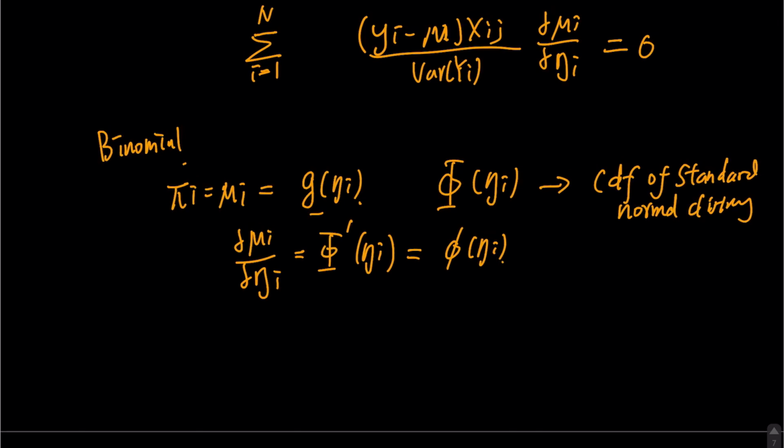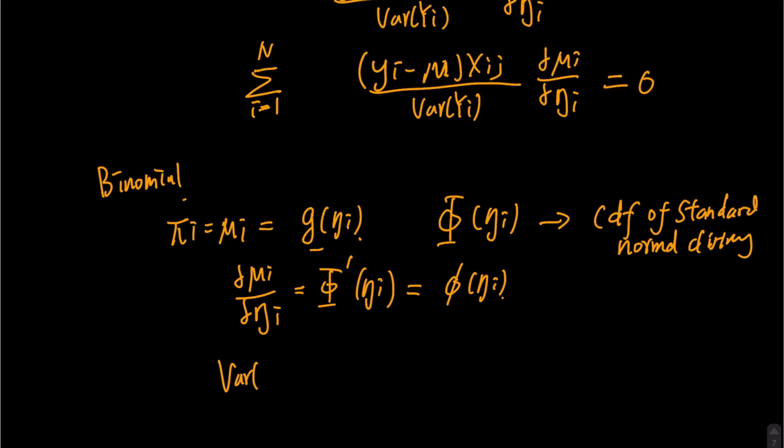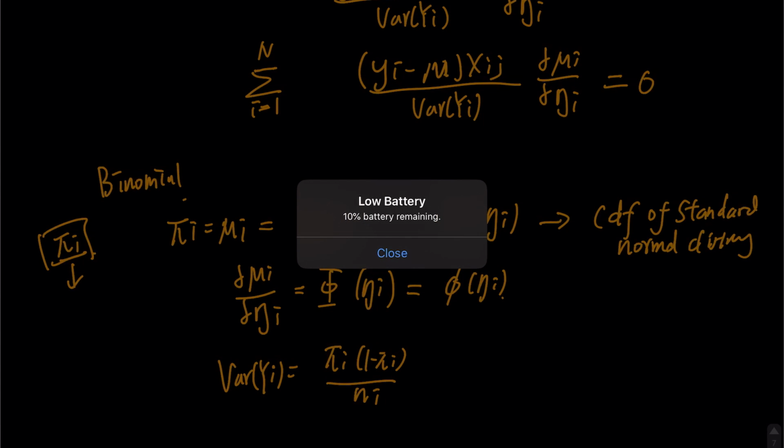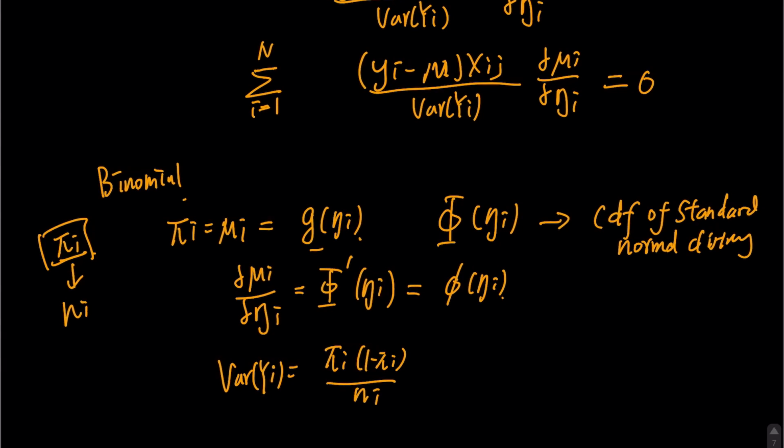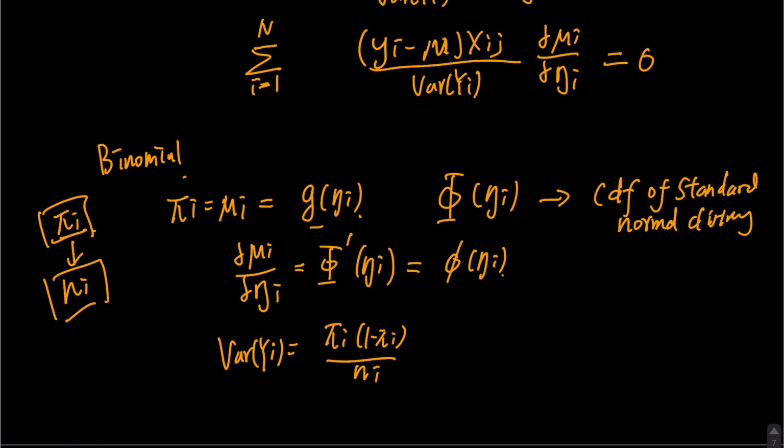We also know the variance of y_i is equal to pi_i (1 - pi_i) divided by n_i, because in the binomial distribution you essentially have two parameters. One is pi_i, the probability in each trial, and the other is how many trials you've done. So that's n_i. So variance is equal to this.